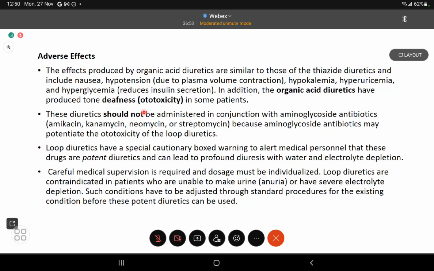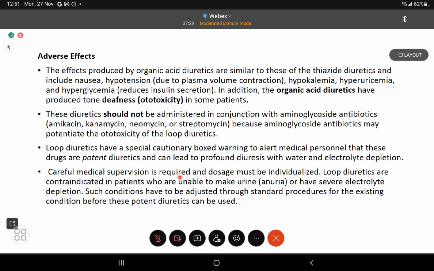If you use this drug with an aminoglycoside, you still remember, the antibiotics such as amikacin, kanamycin, neomycin, streptomycin, the toxic effect of the aminoglycoside is going to increase and cause ototoxicity.